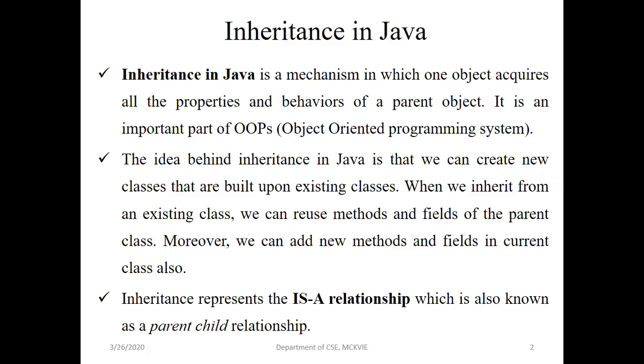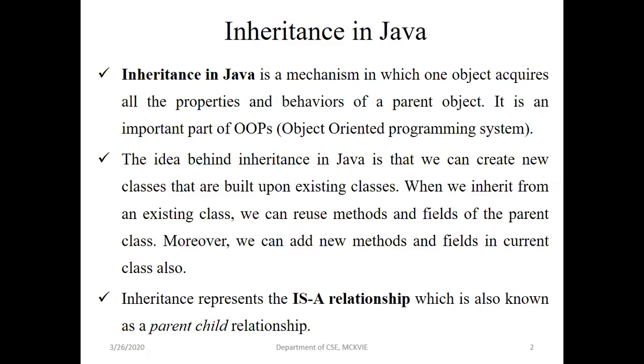So inheritance in Java is a mechanism in which one object acquires all the properties and behaviors of the parent object. It is an important part of OOPS. The idea behind inheritance in Java is that we can create new classes that are built upon existing classes. This existing class is actually the parent class.